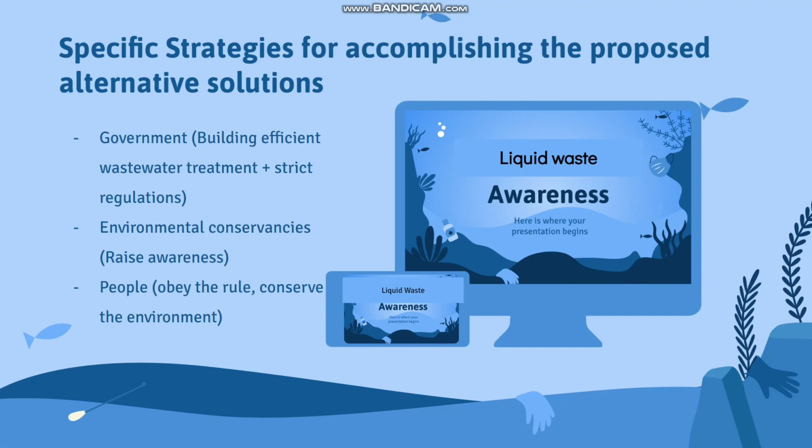We would love to seek new platforms and new ideas from the Ministry of Environment and our authorities in building efficient wastewater treatment, since it is one of the most effective solutions to make our wastewater become pure water once again. We also would love to hear some strict regulations in law in order to make our people and community obey and conserve our environment, and also conserve our water at the same time.